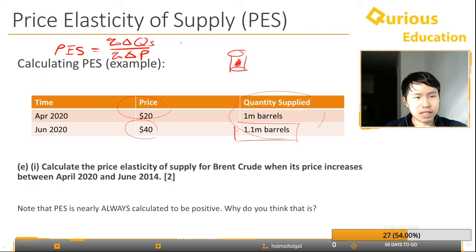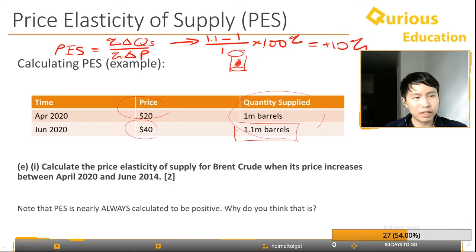And we know the percentage change in quantity supplied is the new value, which is 1.1 million barrels, minus the old value of 1 million barrels, divided by 1 million barrels, and then we times it by 100%. So that's how you calculate percentage change. New minus old divided by old times 100%, and then we would get positive 10%.